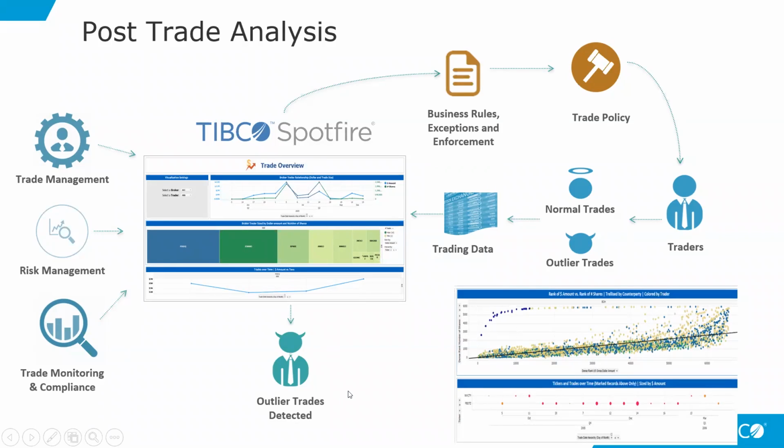If there are any business rules or trade policies, you can see them highlighted in a dashboard as soon as there are issues, rather than waiting for the entire reporting to happen the next day or some other day.